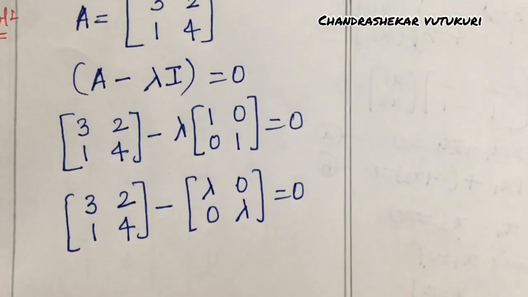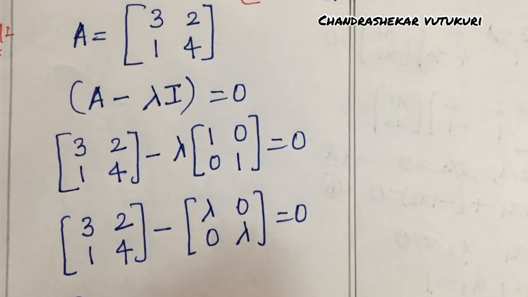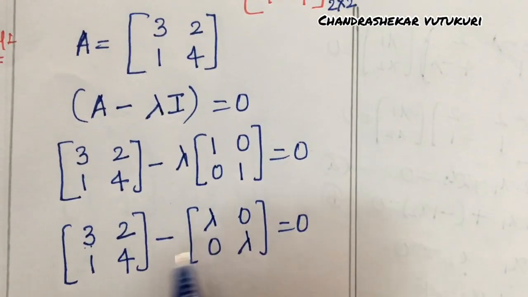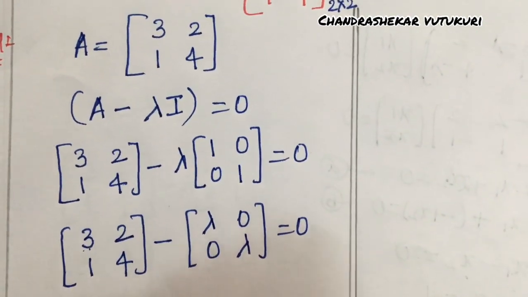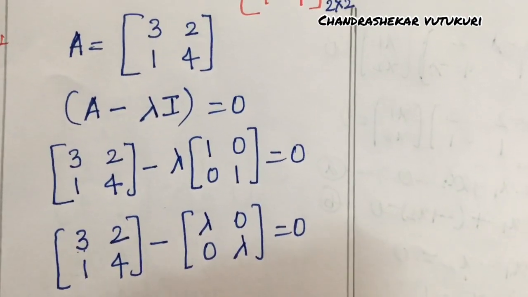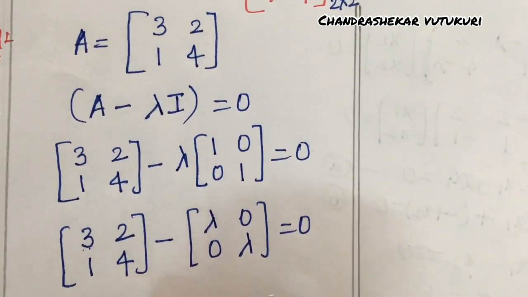Now, we are supposed to reduce this equation by the subtraction method. Matrix subtraction is done element by element: this row minus that row of the second matrix. So, 3 minus lambda. I have done addition, multiplication as well as subtraction, and how to work out the determinant of a matrix, in this channel. Please go through it.